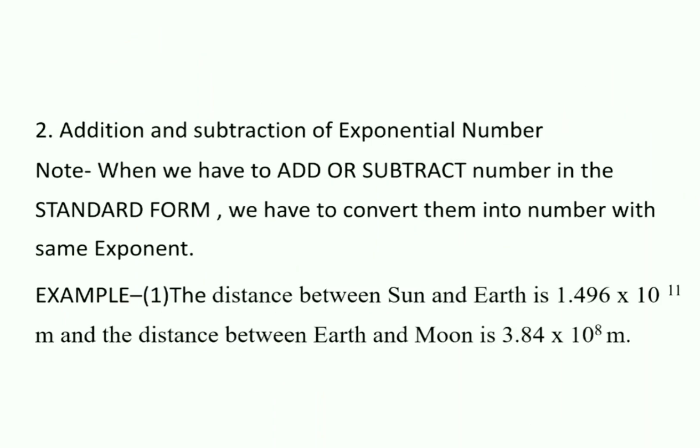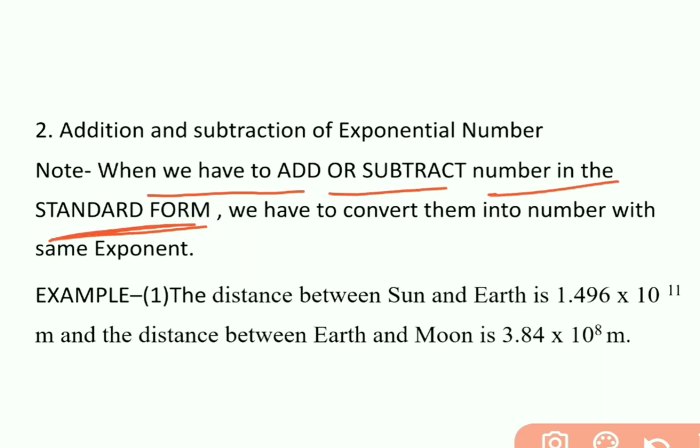Students, next we learn about some basic operations like addition and subtraction of exponential numbers. For this, one important note is there. When we have to add or subtract numbers in standard form, means exponential numbers, we have to convert them into numbers with the same exponent.